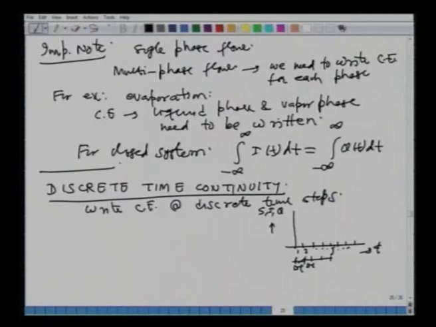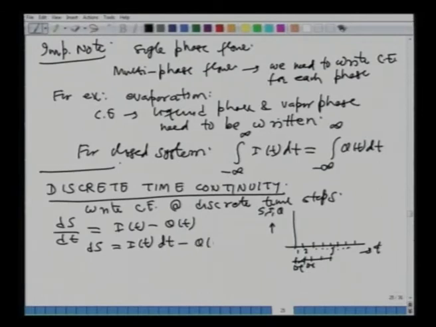Okay, so if we apply our continuity equation which we have just derived, dS by dt is equal to I(t) minus Q(t), or we say dS is I(t) dt minus Q(t) dt. Now, I will integrate this equation on both sides.